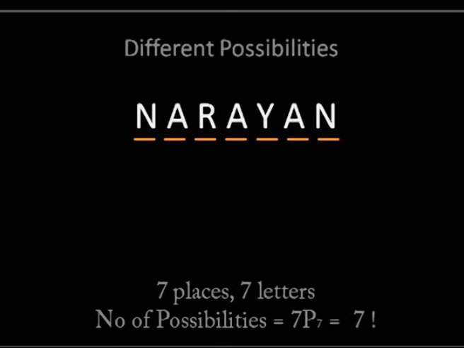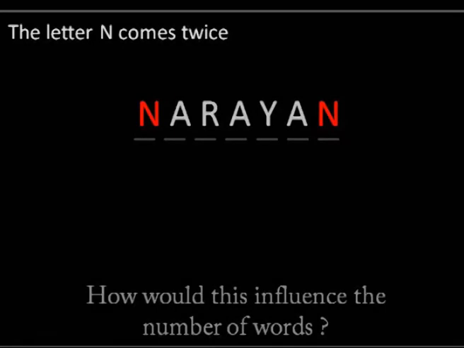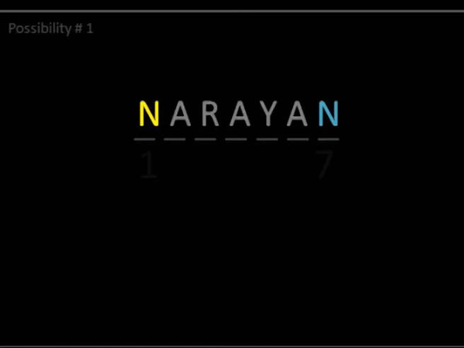But hang on, there are two N's, which means that if the first letter is N and the last letter is N, then in trying out many different possibilities, if we swap these two letters around, we are getting the same arrangement. Now we are looking for different arrangements, not the same arrangement.